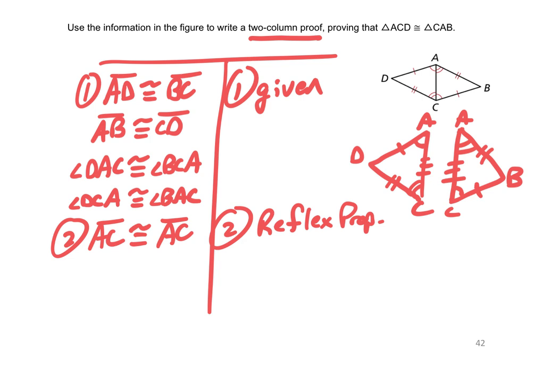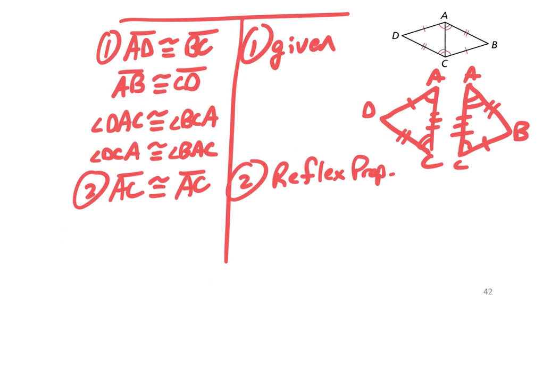We got 3 sides. I got 2 angles. I need 1 more pair of angles. Why would angle D be congruent to angle B? What do we have that we can use? Yeah, Venus?